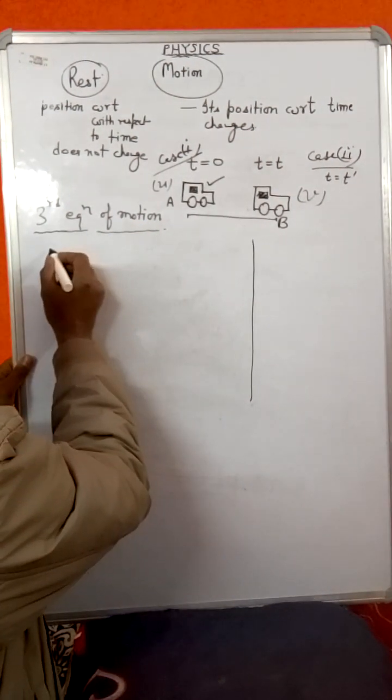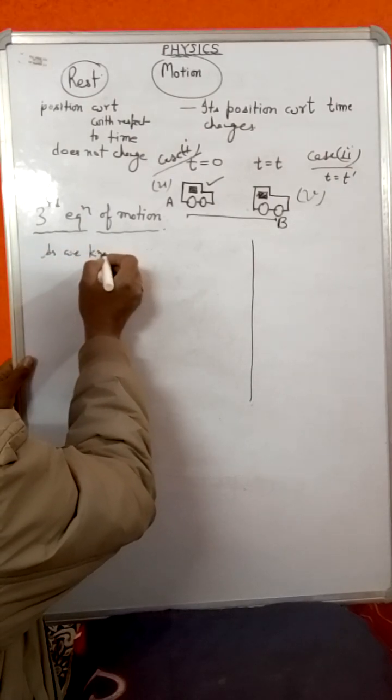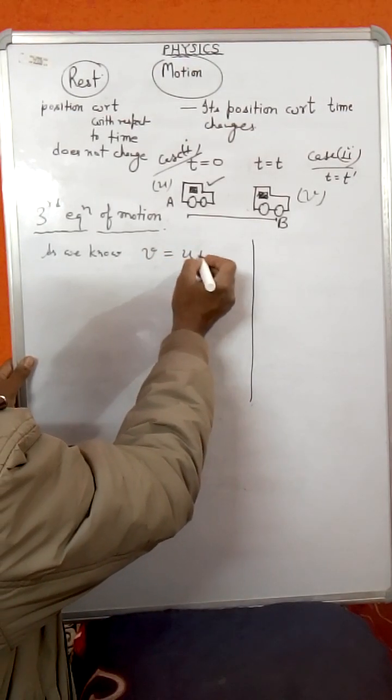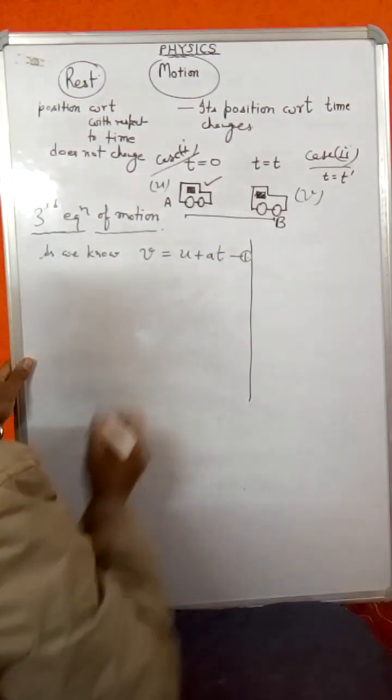Basically, as we know, v is equal to u plus at, right? This is the first equation.